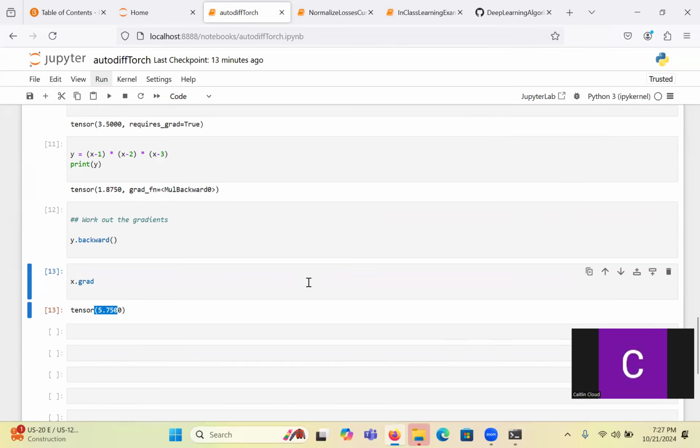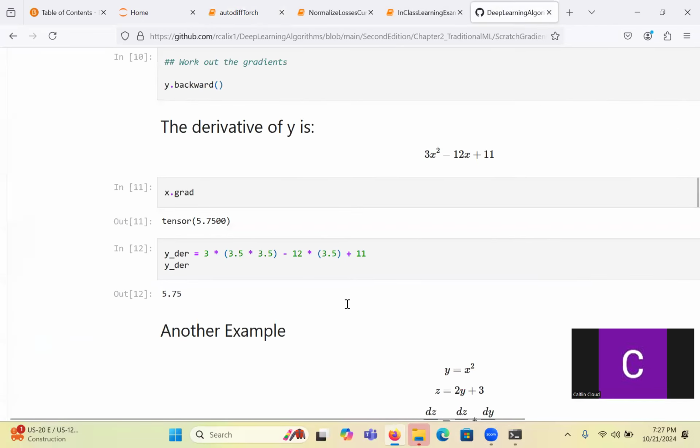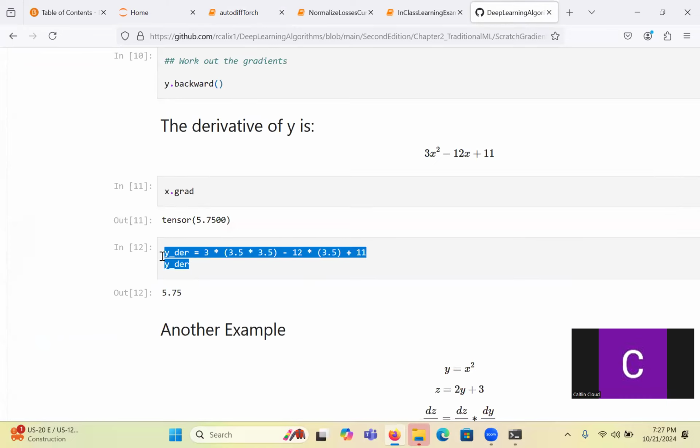So if we go over here, I'll take this. Notice that this here is exactly this equation, the derivative of the original one.